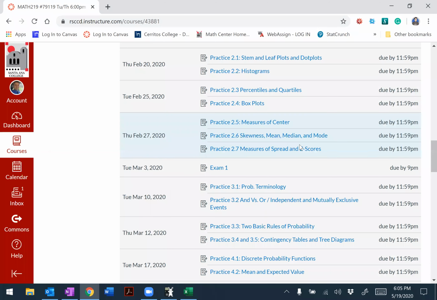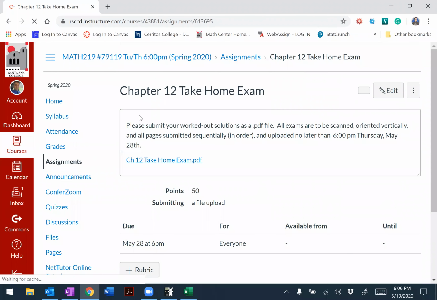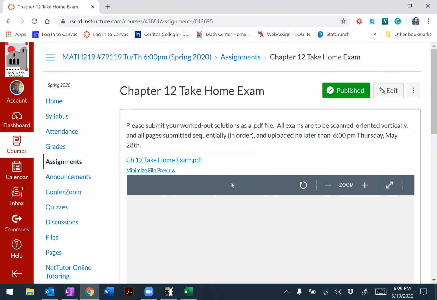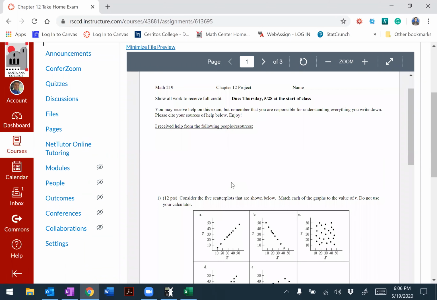If we go down to chapter 12 here, it says take home exam. I click on that, and it says, please submit your worked out solutions as a PDF file. Here's the file itself. It says it's due Thursday at the start of class.